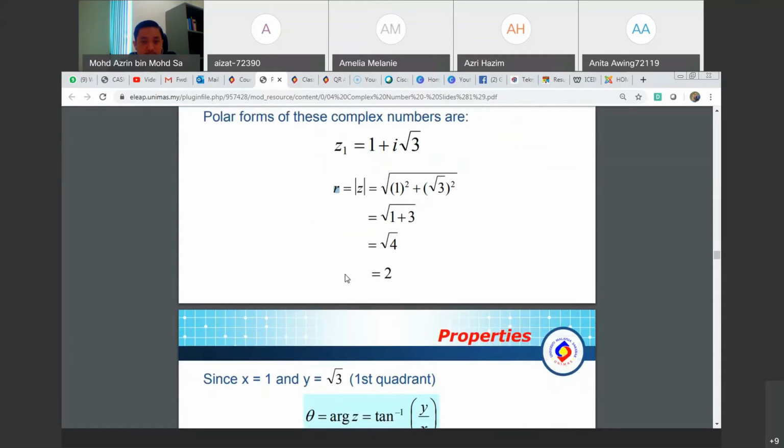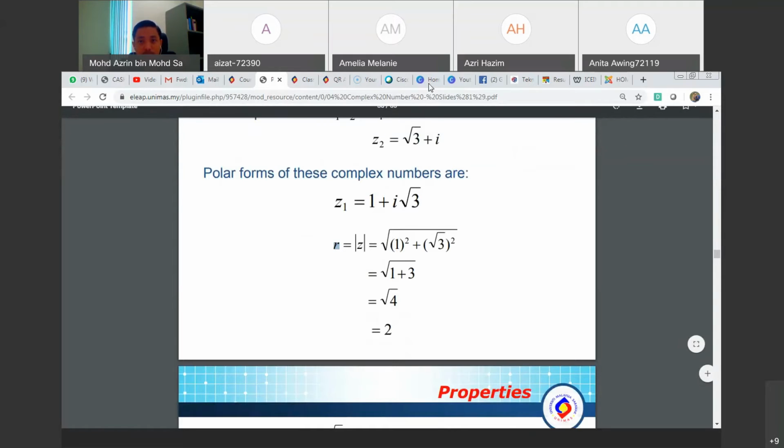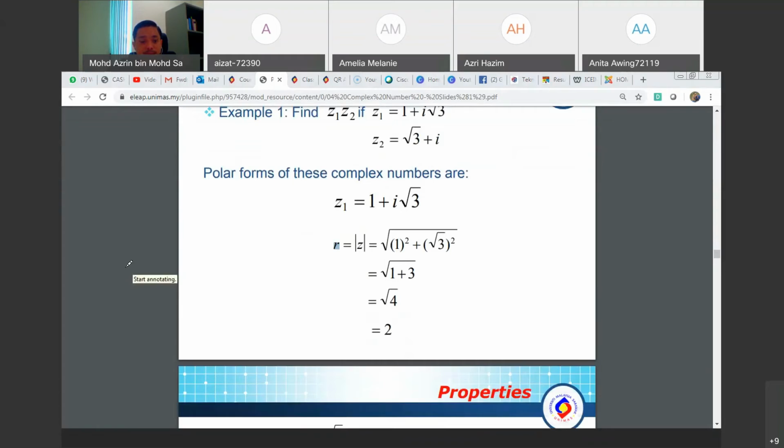After you find the R value, what you need to do? So you have Z equal to R cos theta plus I sin theta.